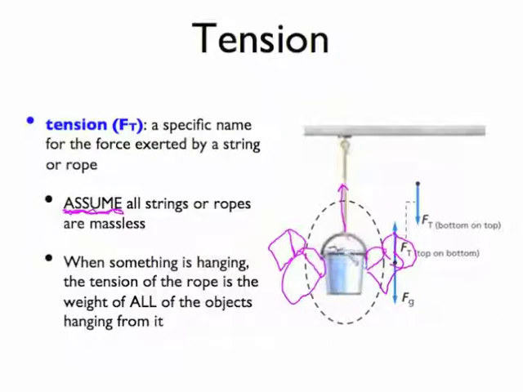If we put rocks in here, that'll cause the tension force to be even higher, and eventually we'll get to the point where there's so much mass hanging from this rope that the rope will split and break. And we'll do an example problem in a little bit, kind of like that.